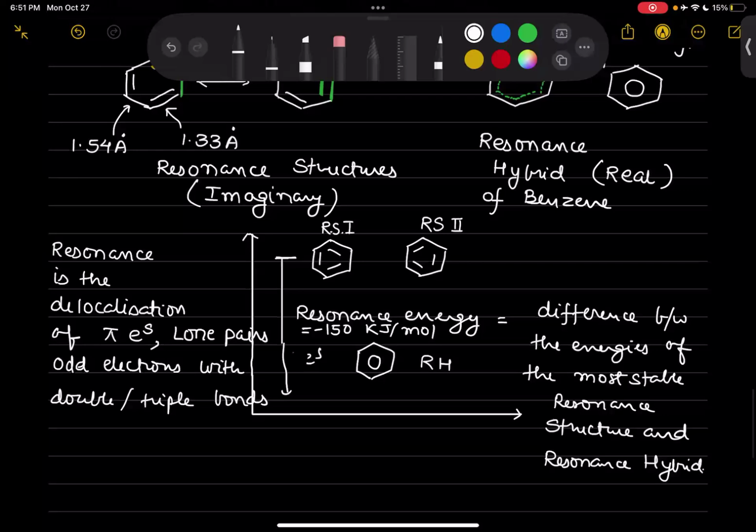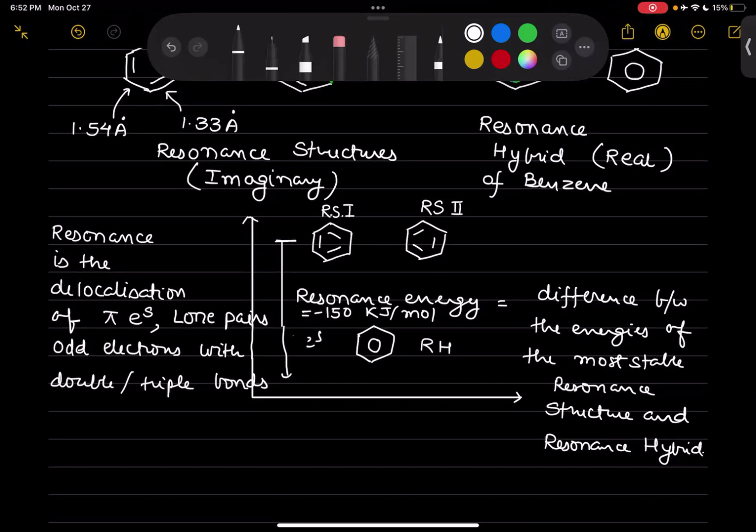And what is resonance? Delocalization of pi electrons. It can include lone pairs also.